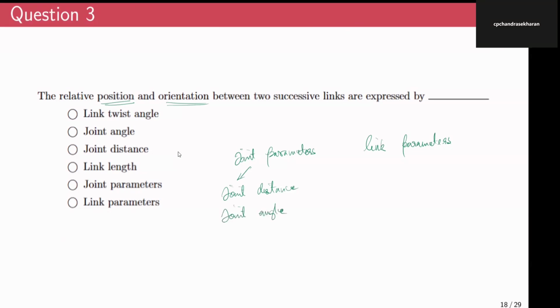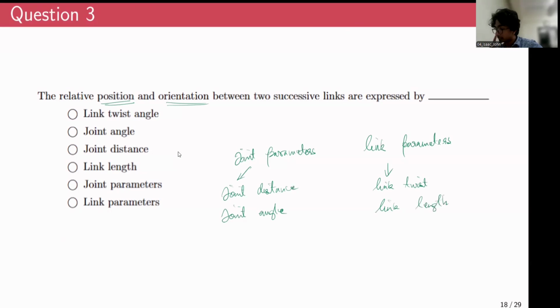And under link parameters, you have link twist and link length. So basically, for the relative position and orientation between two successive links, joint parameters have two parameters called joint distance and joint angle.